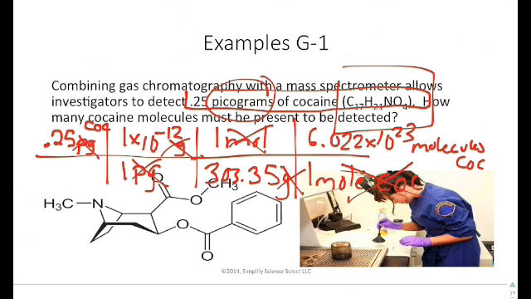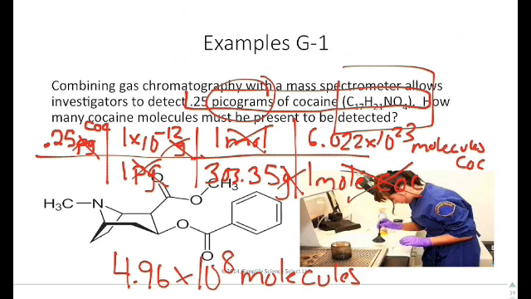So that all cancels out, but when you multiply everything out, it ends up being about 4.96 times 10 to the 8th molecules, which is an incredibly small amount, especially when you consider that in a single milliliter of water, you're talking about trillions of times that.